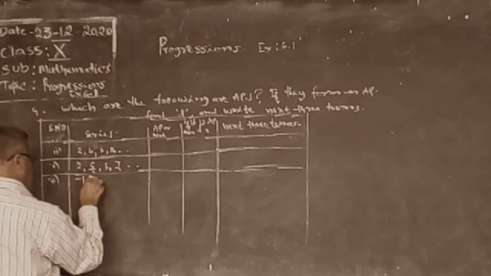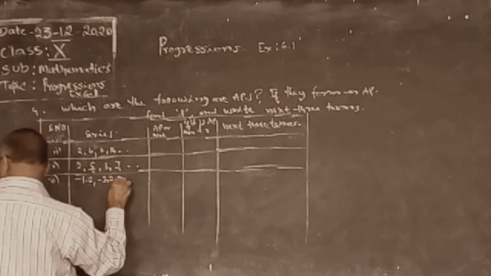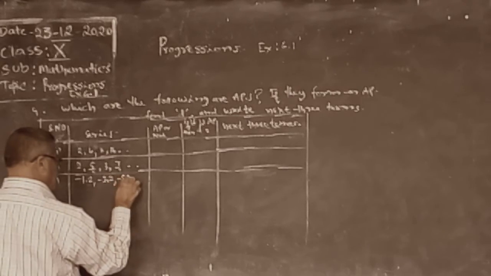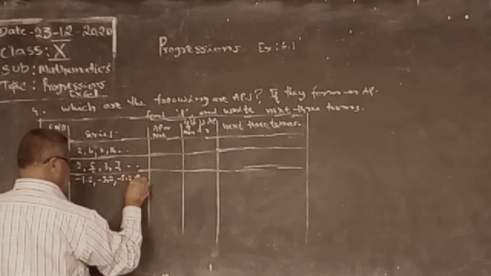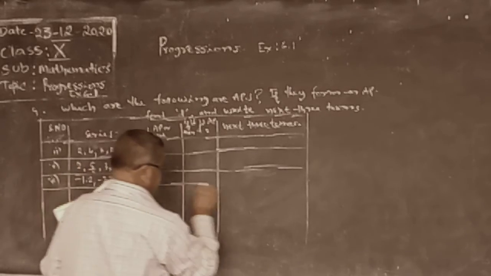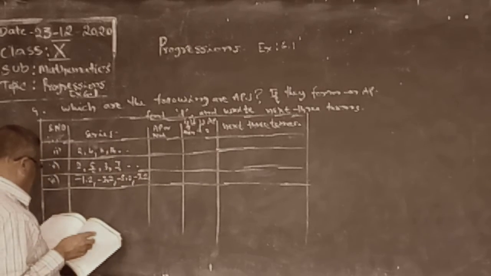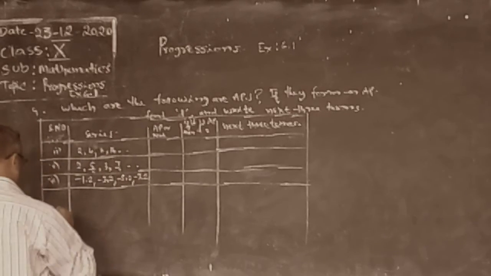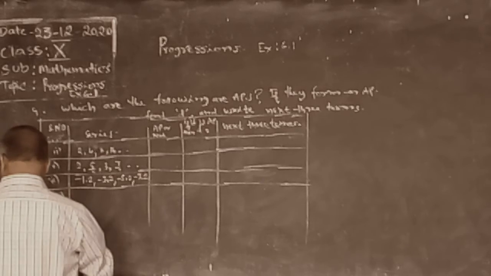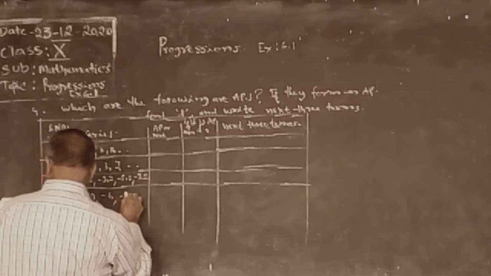Minus 1.2, minus 3.2, minus 5.2, minus 7.2. Number 4: minus 10, minus 6, minus 2.